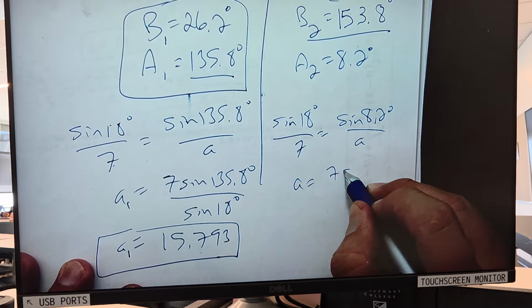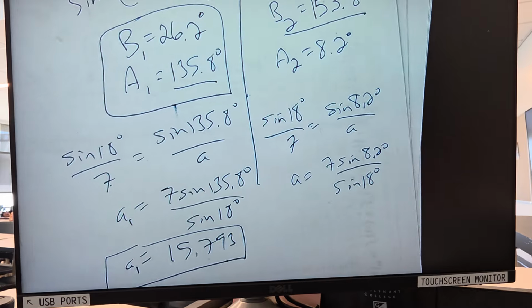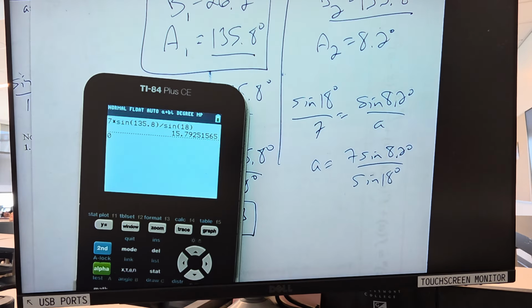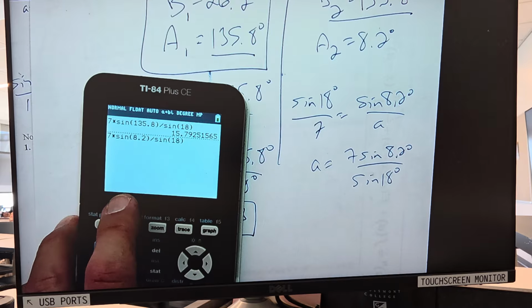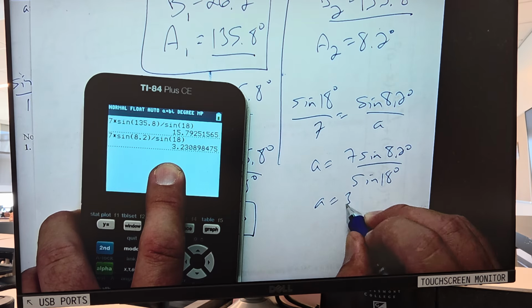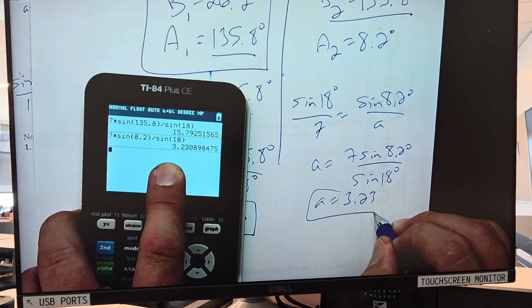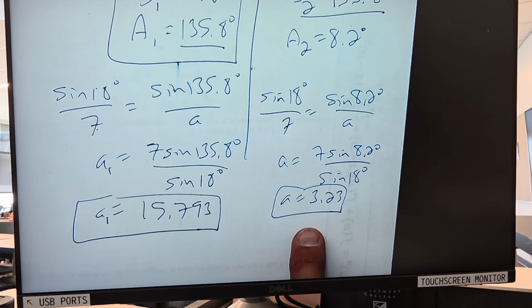So A is equal to 7 sine of 8.2, and if you're smart, you can go back to your calculator, hit second enter, and make 135.8 become 8.2. And this time I get a much smaller side. Why does it make sense that it's so small now? Because in the second triangle, angle A is the smallest angle, so it should have the smallest side.